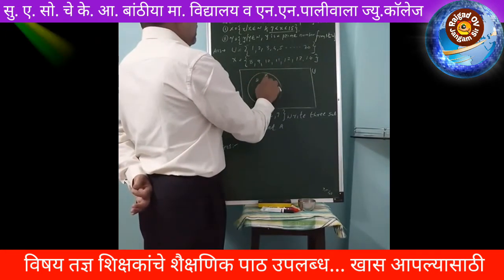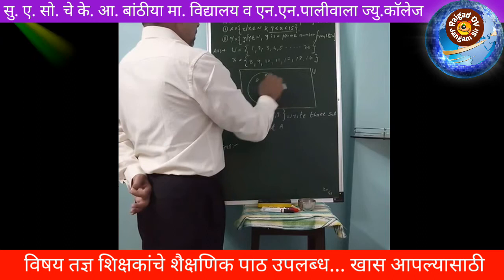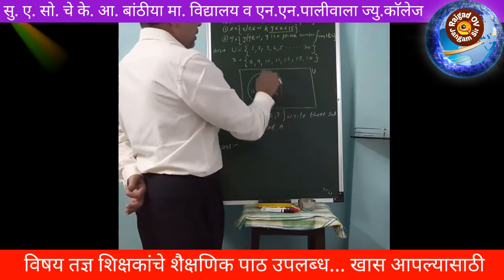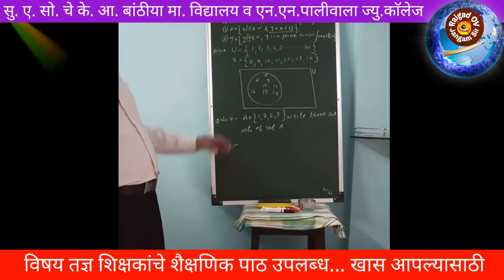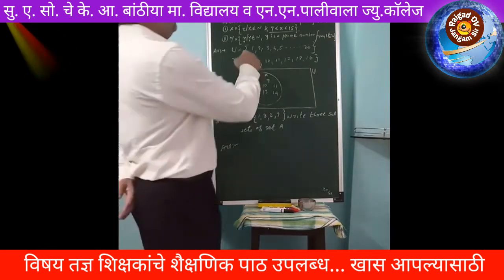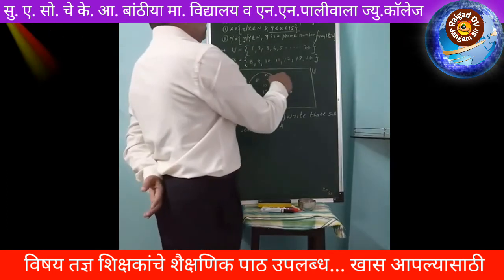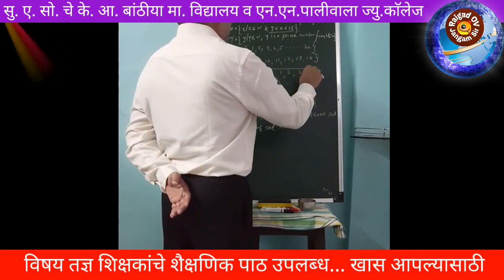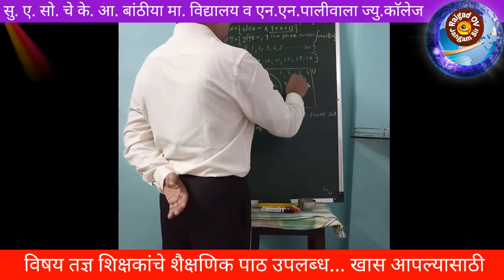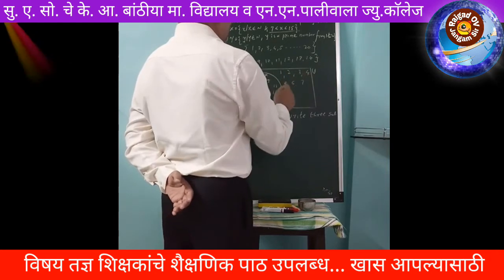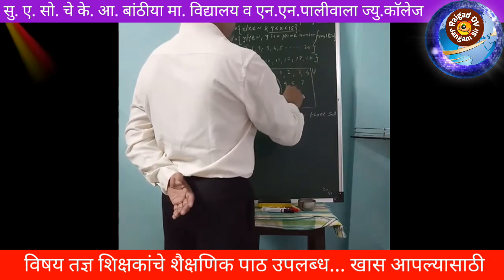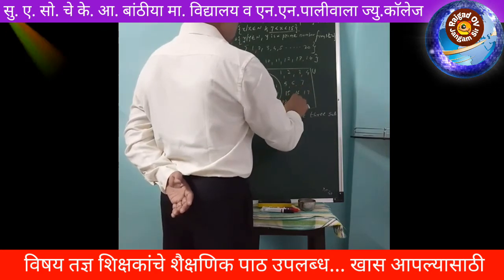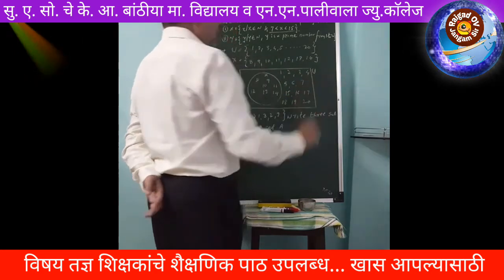8, 9, 10, 11, 12, 13 and 14. These are the elements of set X, and the remaining elements of the set U we write here: 1, 2, 3, 4, 5, 6, 7, then 15, 16, 17, 18, 19 and 20.